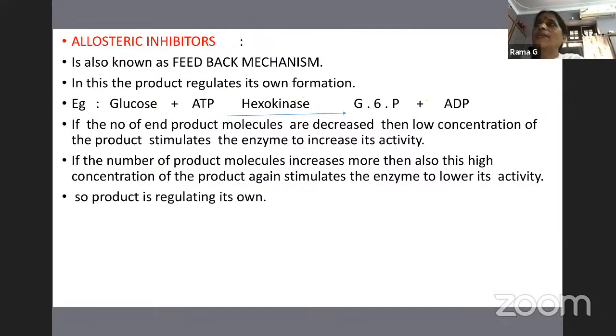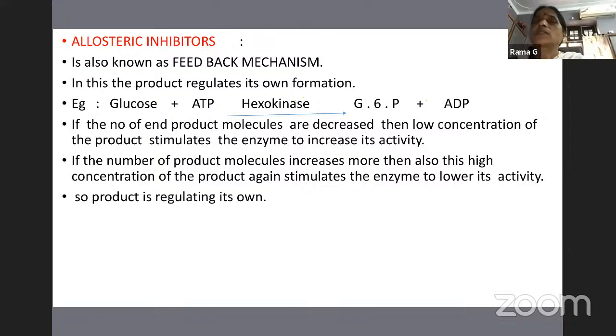If the end product molecules are more than the expectation, then with this higher concentration, they again stimulate the enzyme to lower its activity in producing the end product. So in both ways, the end products control themselves. That's why it is called a feedback mechanism.